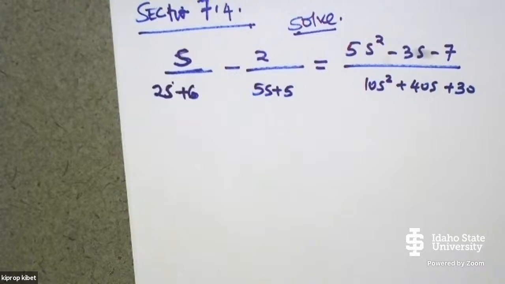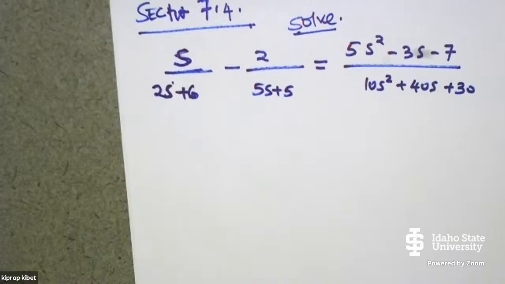Looking at the last one, 6 and 5 is what? 2 and 5 is also 10, right? So when we multiply this one and this one you get one, and this one and this one you get one.